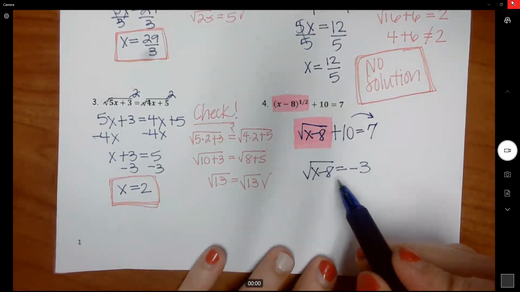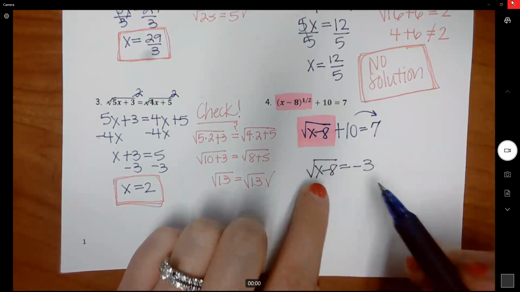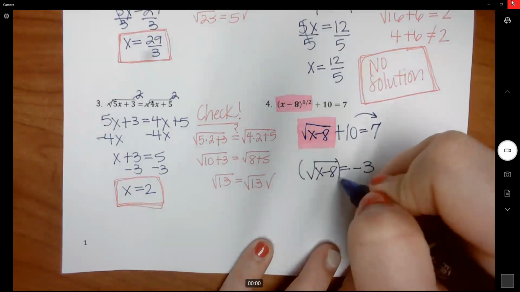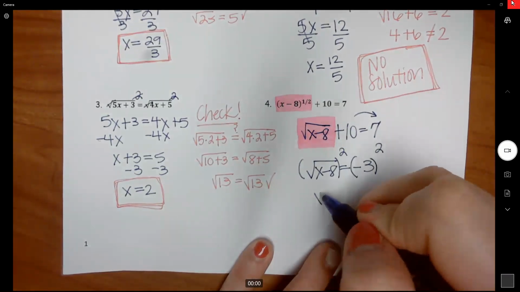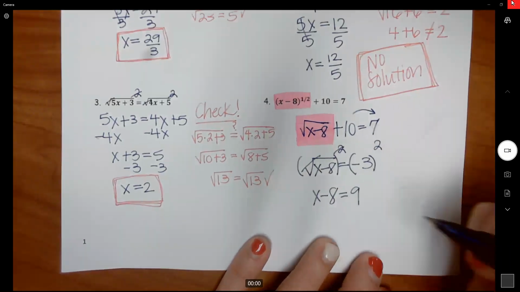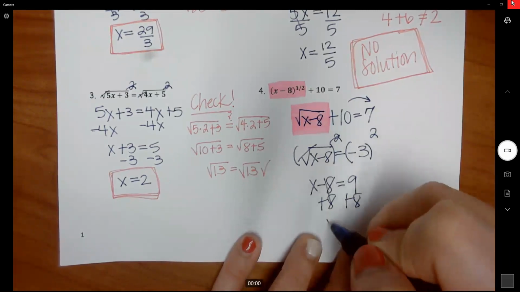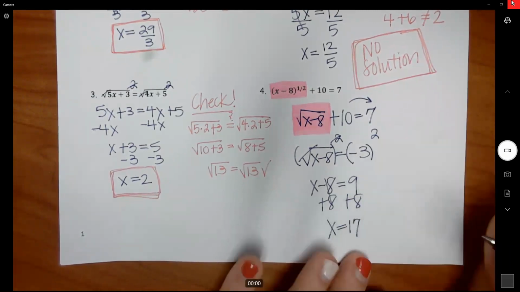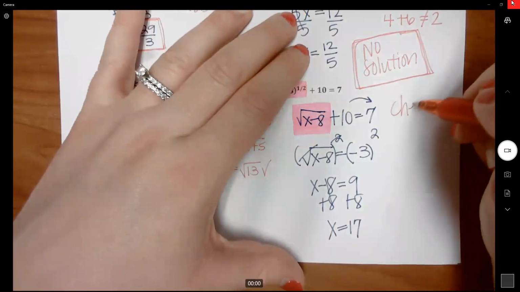So now we've isolated the radical, so we're going to square both sides. You get x minus 8, because the square root and square cancel, equals 9. We'll add our 8 over and x equals 17. We must check this first.